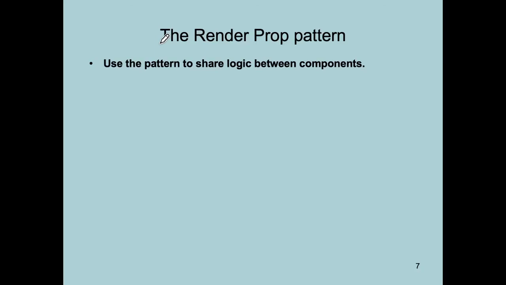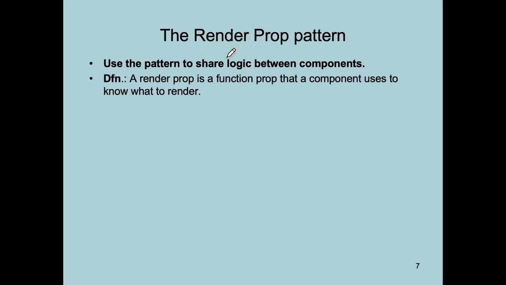So it's all about sharing behavior. Now, in particular, it's about sharing behavior logic that's linked with state. So I'm saying that we use the pattern to share logic between components. That's fine. That doesn't tell us a whole lot, though.